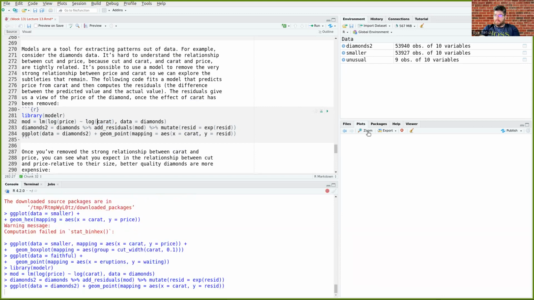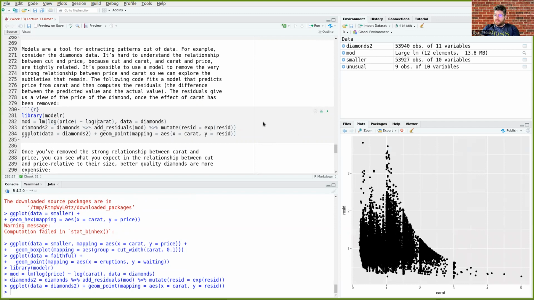Okay, let's make it, and we can see how, what are the residuals of the model, what is the difference between those variables.